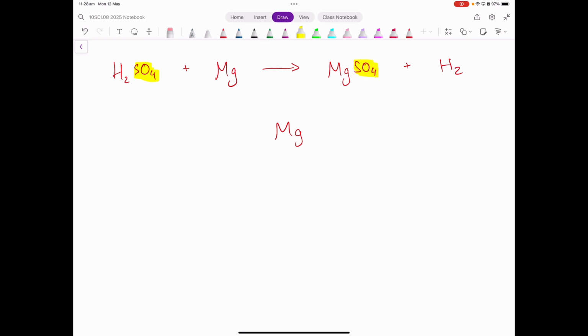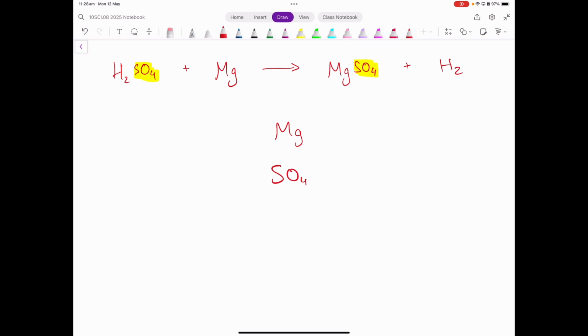So these polyatomic ions, ions made up of more than one element, we can actually write down the bottom here together, as long as they stay in their form. Does it stay as SO4? The answer is yes. And so I can very easily just balance the number of SO4 to make my life a little bit easier. This is why I wanted to show this one to you.